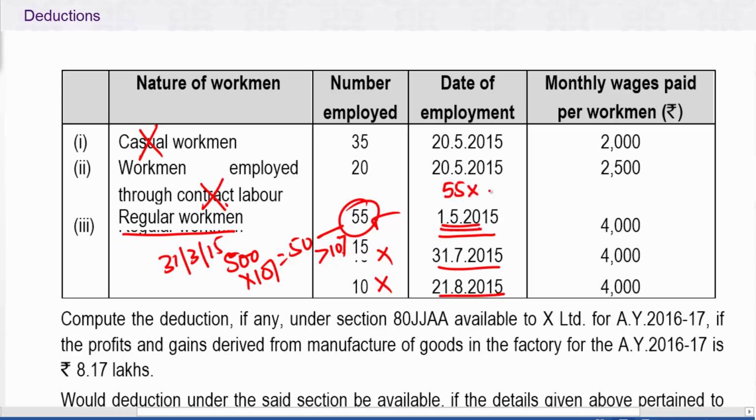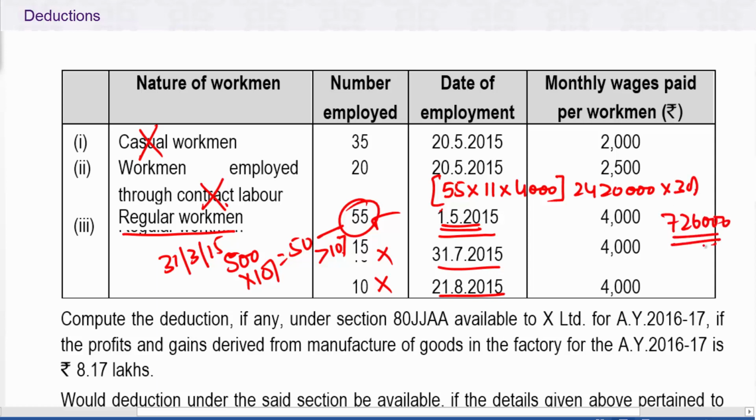And because it is 1st May, 11 months, the wages available are 4,000. So let us multiply: 4,000 into 11 into 55, which is 24,20,000, into 30%, which is 7,26,000. That is the deduction he will get under 80JJAA.